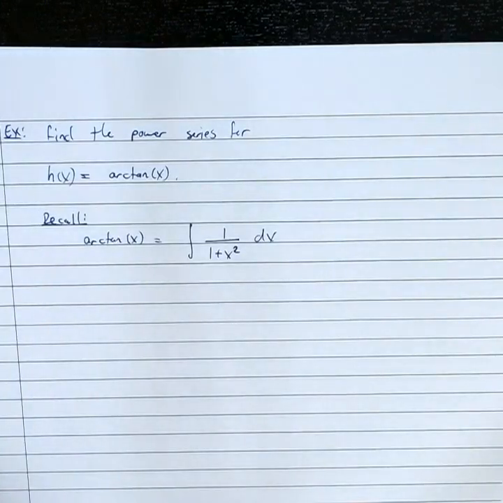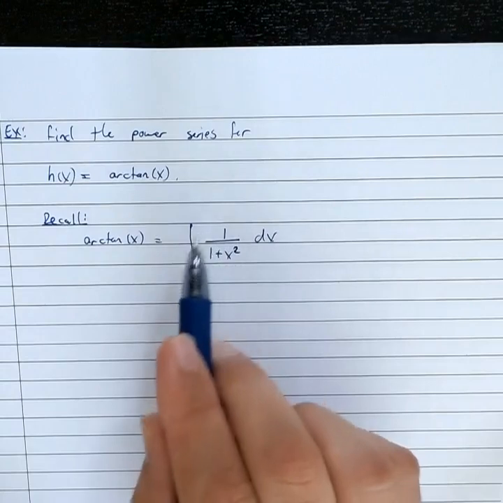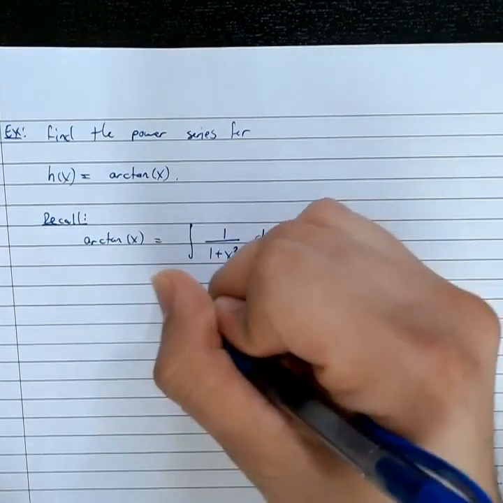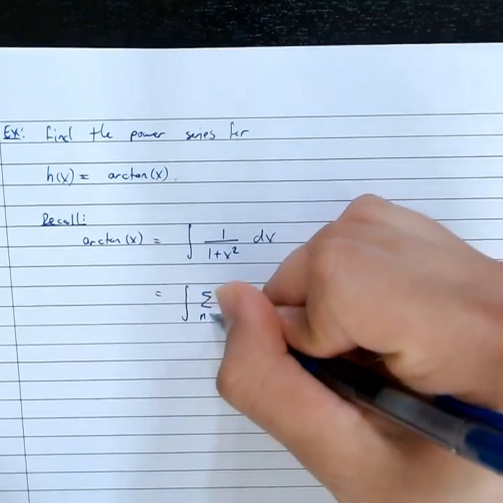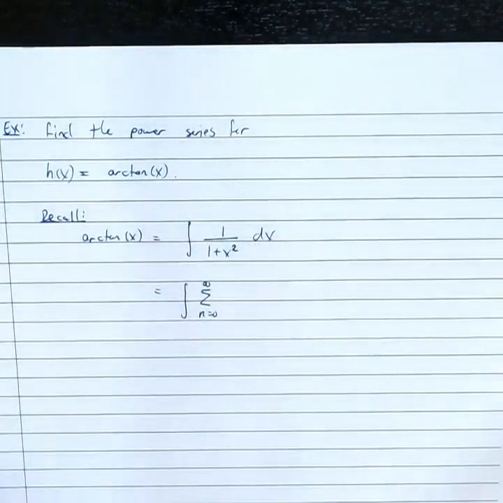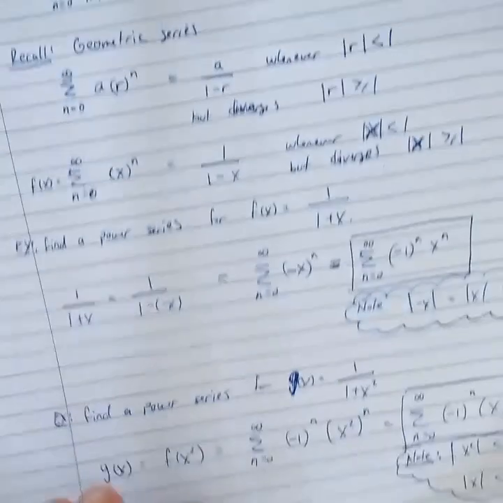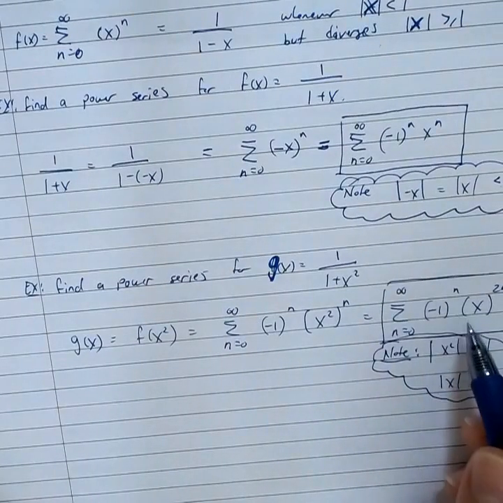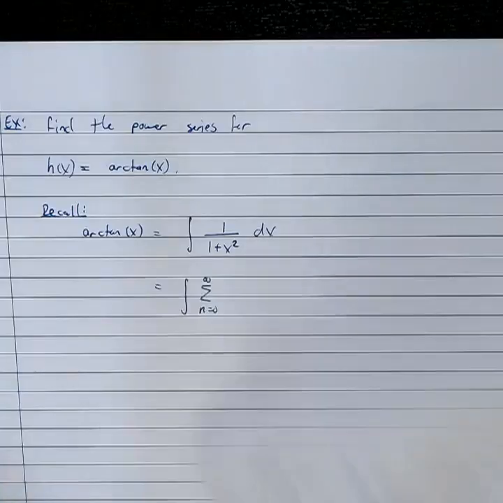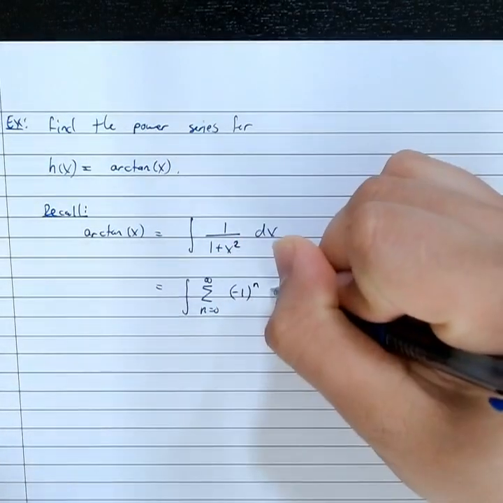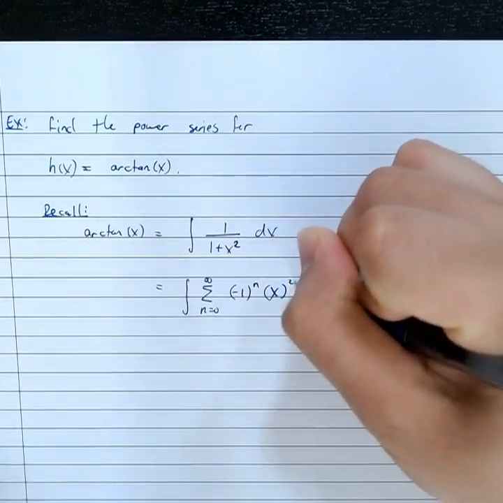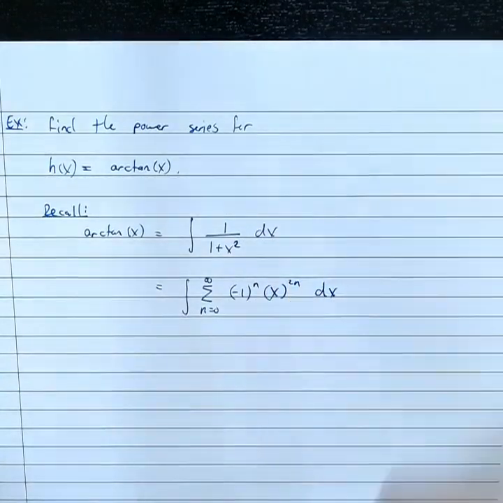Okay, but then I know the power series of this one. That's going to equal the integral of the sum as n goes from 0 to infinity. Our last example showed us its power series was -1 to the n times x to the 2n dx, like that.